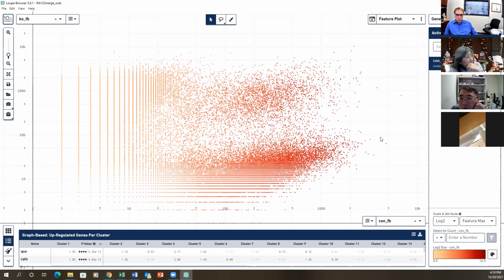Okay, you see the middle part, that's doubles, and also you see single positive and also some double negative, some not stained. So the KO is not a good population. That's no good to me. There's a lot of stuff here.